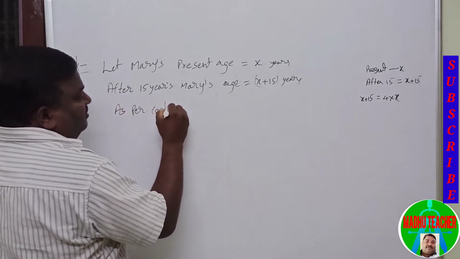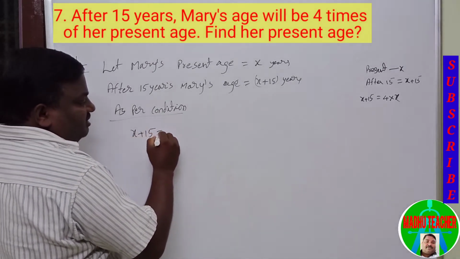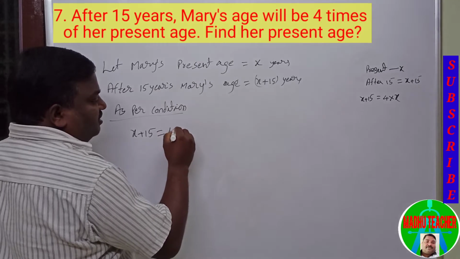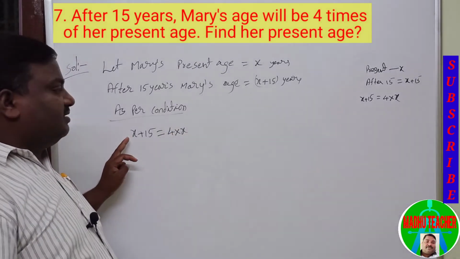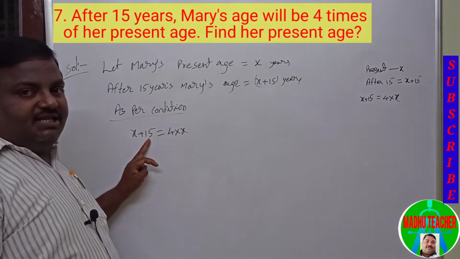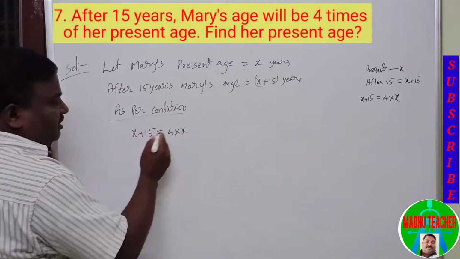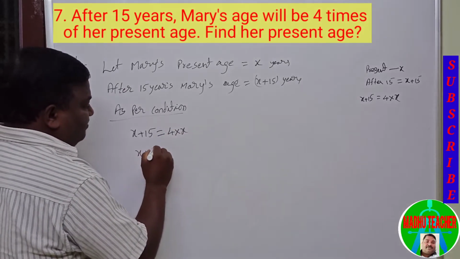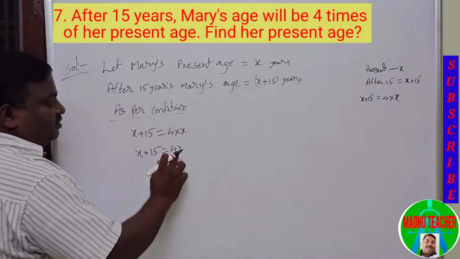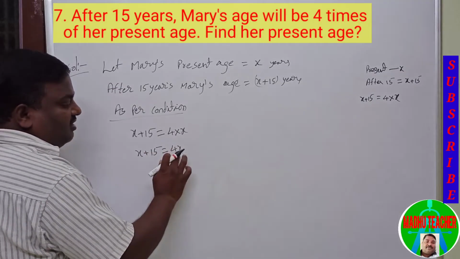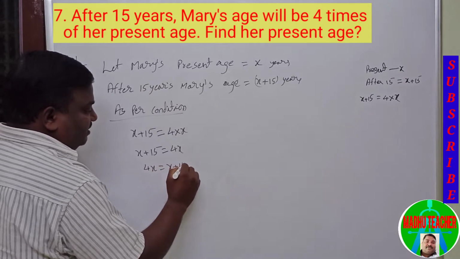what is the condition? After 15 years, Mary's age is 4 times her present age. Here, that equals x plus 15 equals 4 into x, 4x. So interchanging LHS and RHS, 4x equals x plus 15.